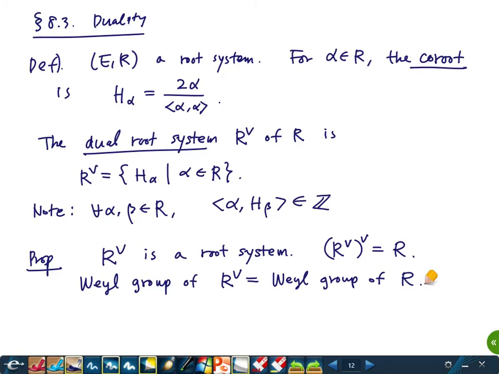I think we need to see an example, right? Maybe the next page. So let's consider the root systems B2 and C2.